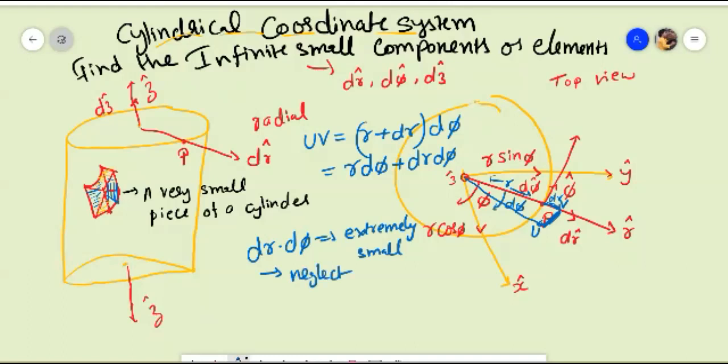So then we can write our uv length. uv is equal to r multiplied by d phi. So we got our uv equal to r multiplied by d phi from this approximation.